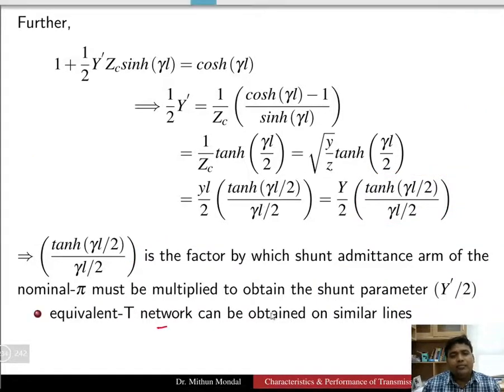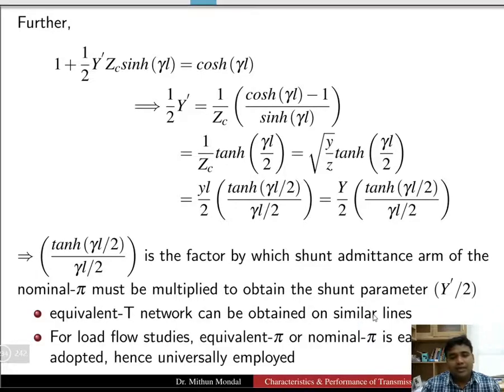Equivalent T network can be obtained on similar lines. For the load flow studies that we are going to see afterwards, the equivalent pi or nominal pi is easily adopted, hence universally employed. So when we study load flow, you will see that the equivalent pi network will be used mostly.